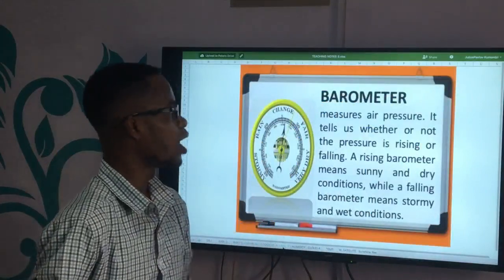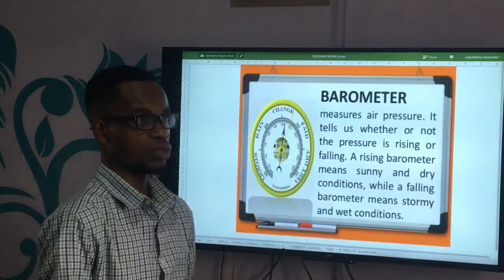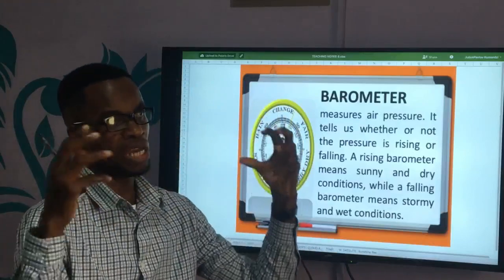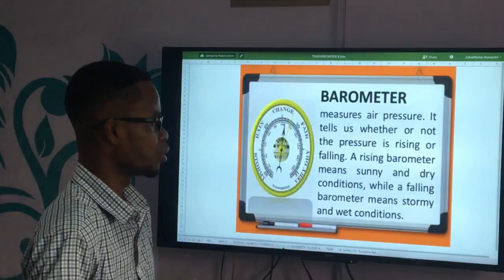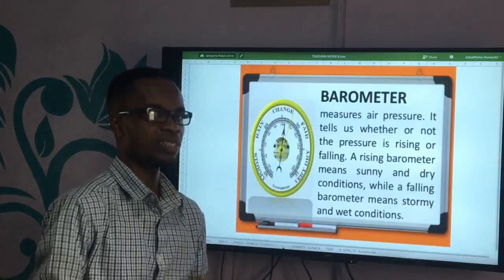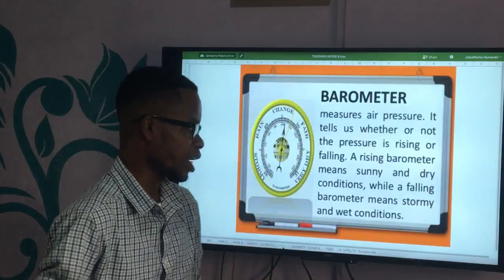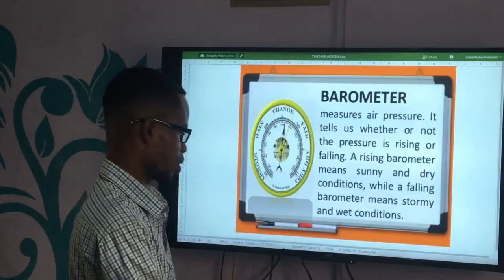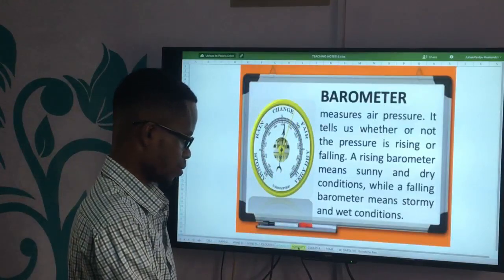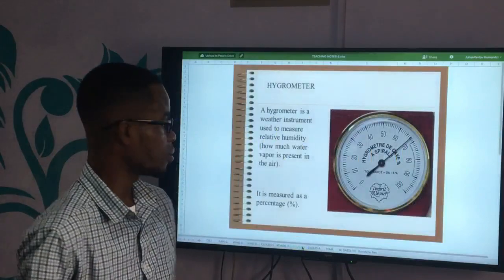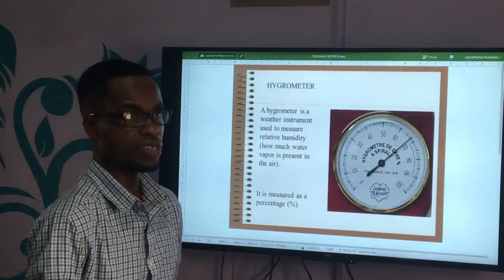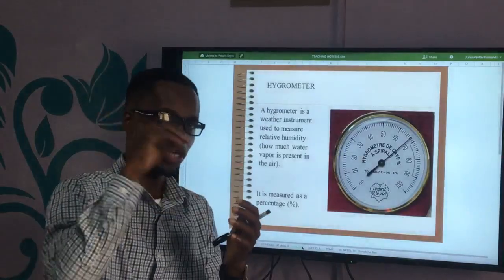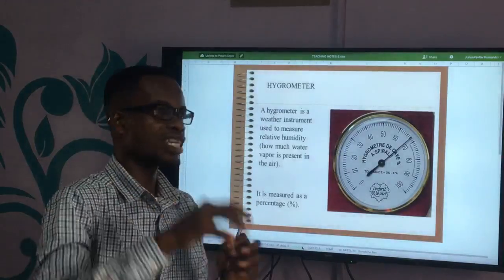Atmospheric pressure, we have the barometer, so the pressure in the atmosphere as the wind blows, or the air blows around us. This will measure it for us, and then we can get information about that. We also look at humidity, the amount of water vapor or moisture or water content in the atmosphere.